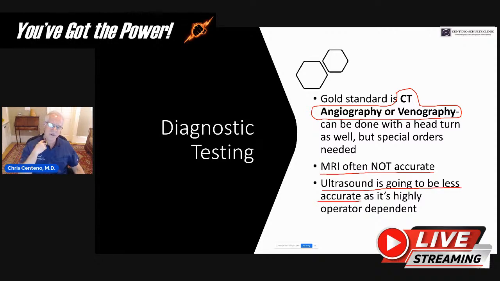So if I ultrasound the internal jugular vein and I don't have that probe just perfectly, or if the patient moves slightly, then it comes out of my field of view and I can't see it. So of these, it's going to be CT angiography is really the first. Now you can also try to do an MRA or an MR venogram, but again, going to be harder to do things like head turn with that and not necessarily the gold standard right now.